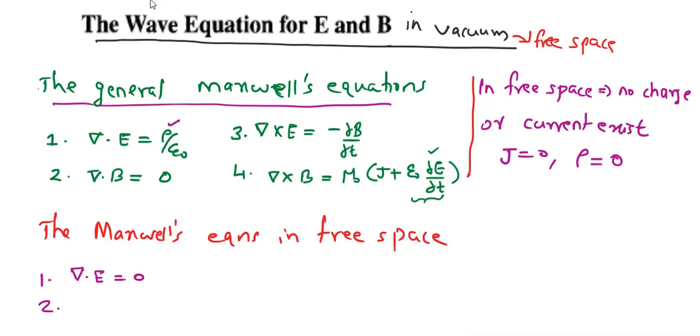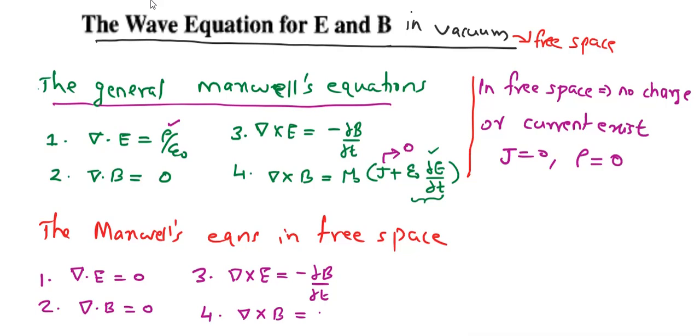Then the second Maxwell equation, del dot B, no change because this does not contain either J or rho. And the third Maxwell equation is del cross E, that also has no change, minus dou B by dou t. And the fourth Maxwell equation, del cross B, here J goes to 0, therefore this equation will be mu 0 epsilon 0 dou E by dou t.